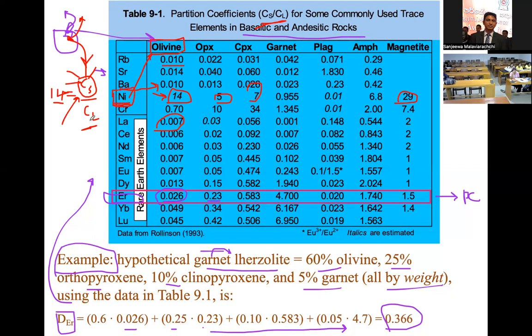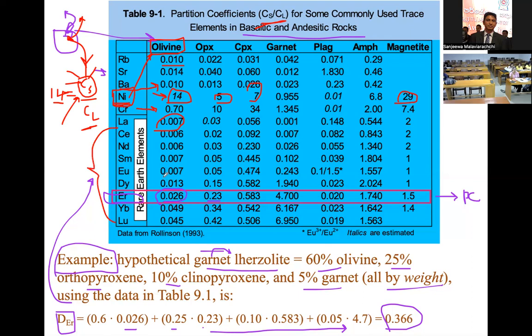That's the idea, right? So strontium, rubidium, barium, chromium is average, it is 0.7. And rare earth elements, they are very little, very small. That means all these rare earth elements prefer liquid, right?